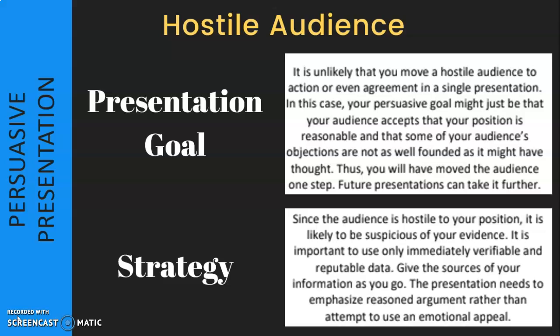So, when you face the hostile audience, you have to play with the data because only by data then your hostile audience may believe in you. But you still need to work harder on it. Okay.